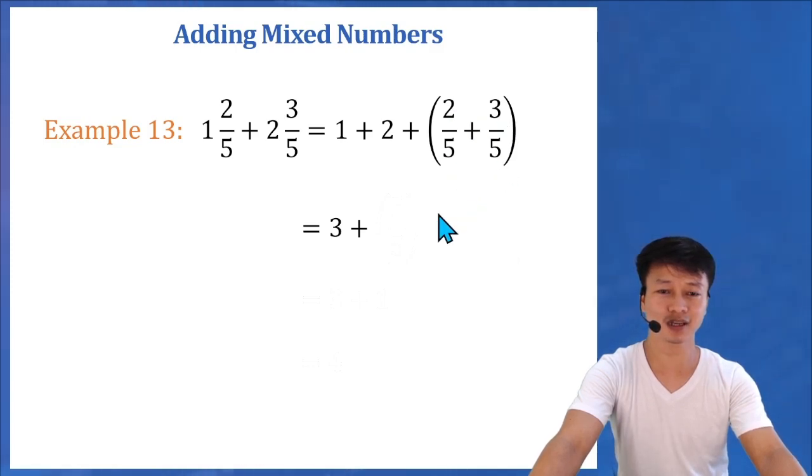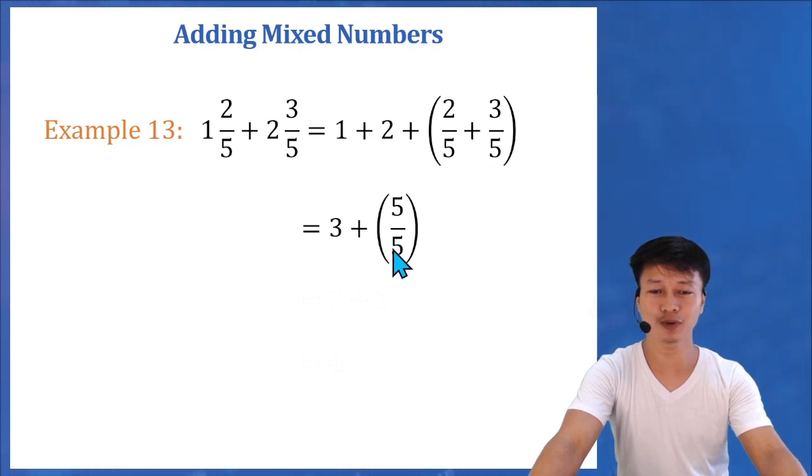So 2 plus 3 is 5 over, the common denominator is 5. And we all know that 5/5 is 1 and so 3 plus 1 is 4. Okay? 'Di ba? So, I hope you learned something from this lesson.